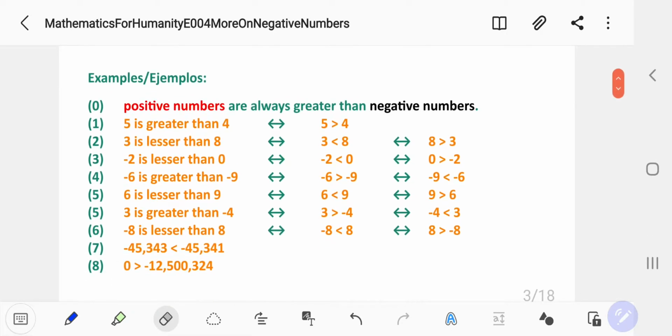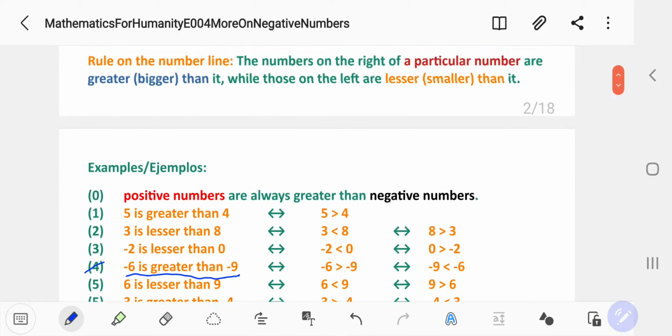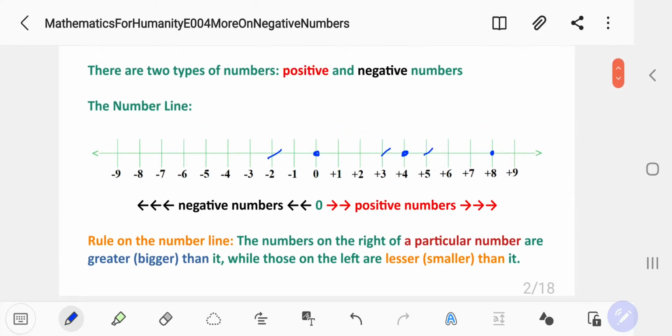Now here, number 4, negative 6 is greater than negative 9. Let's look at the number line. Negative 6 is on the right side of negative 9. So negative 9 is here, and negative 6 is here.